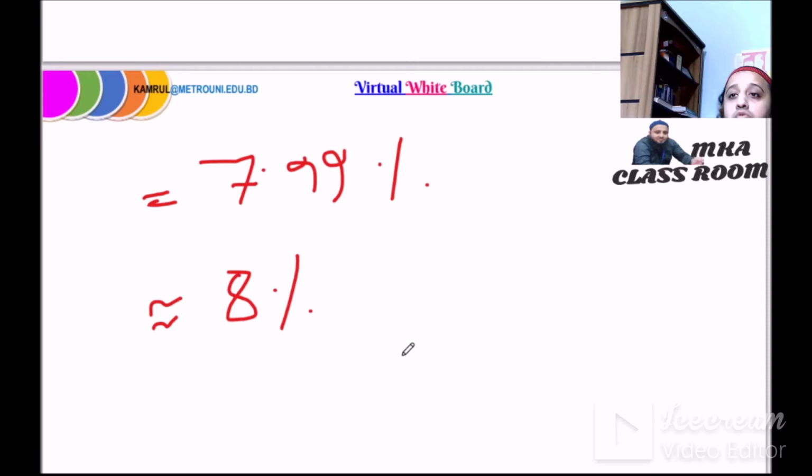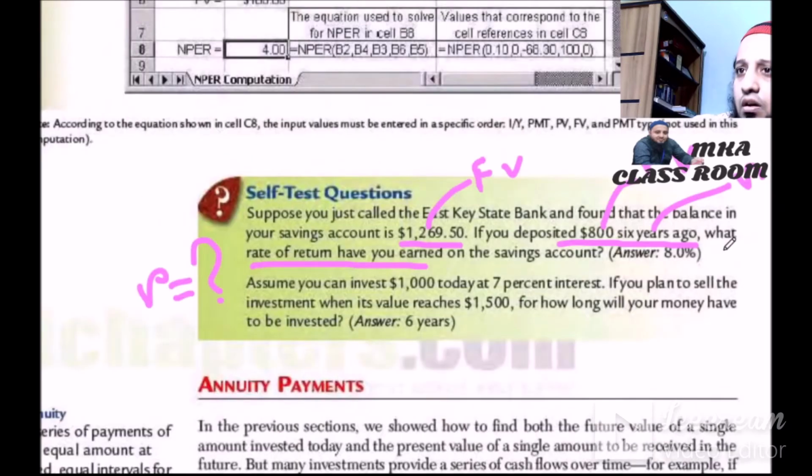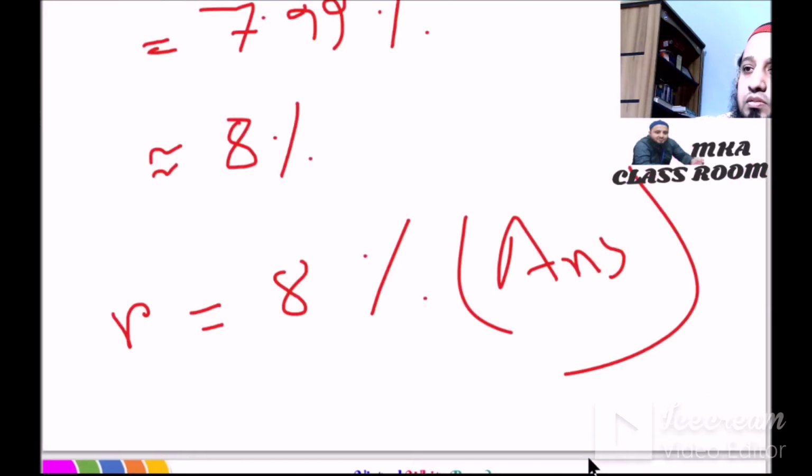So here we have seen that the rate of return you have earned on your savings account is 8%. That is our desired answer.